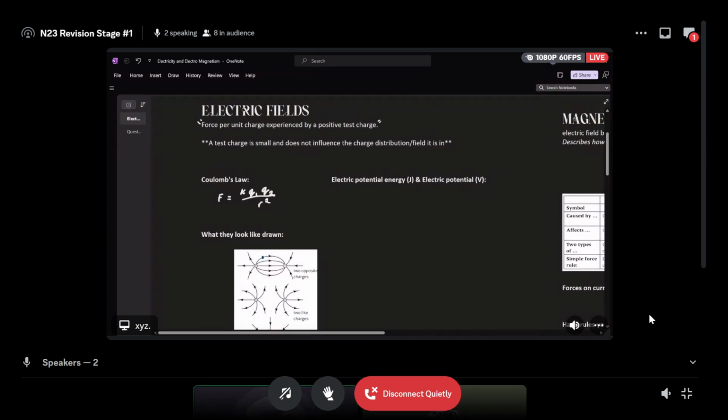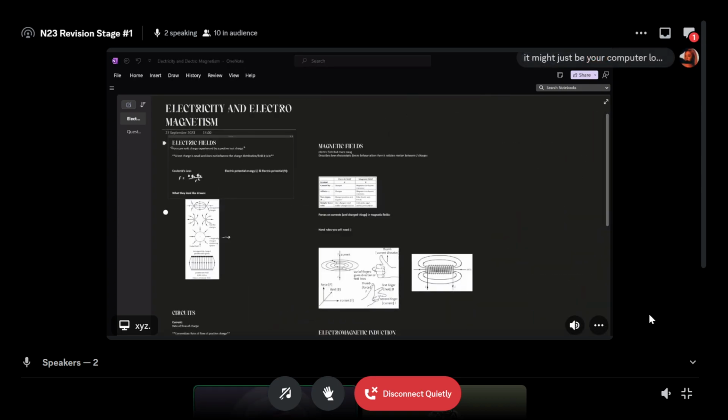Any charged particle within this field will be assigned an electric potential energy because it's in the field. Electric potential energy is defined by the electric potential, where the electric potential is the work done per unit charge in moving a charge to a point in a field with respect to a reference point.